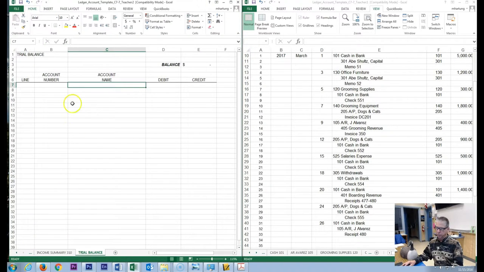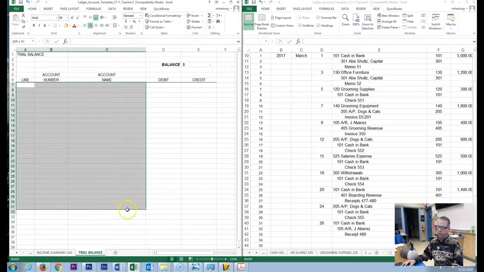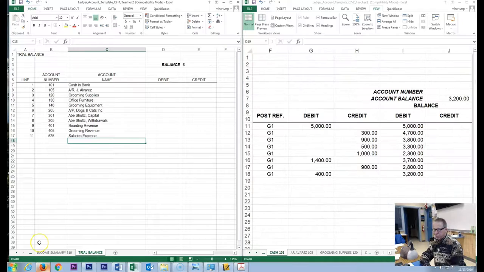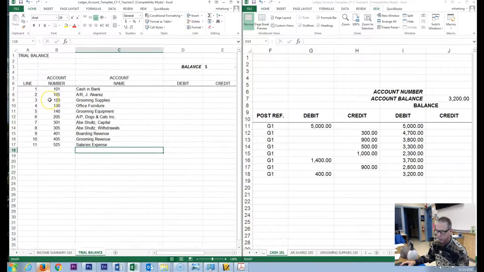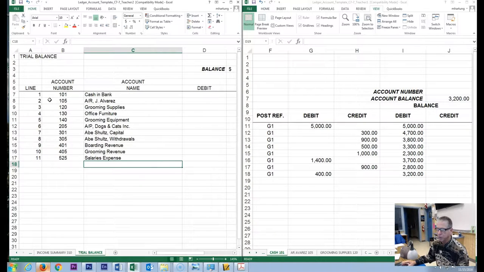There we go. So the first thing you're going to want to do is go ahead and complete this section of the trial balance, which will be a listing of all of these accounts. So I've got all my accounts listed. You can either get them here from me, or you can get them off of the handout where we've been going through those transactions.